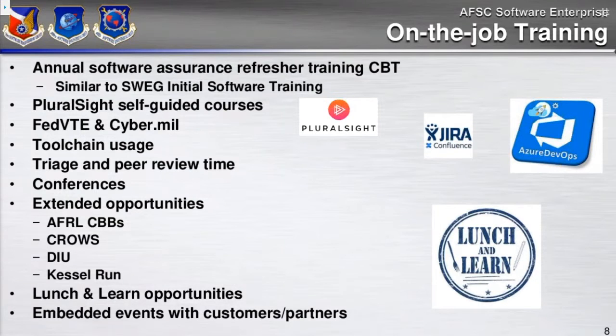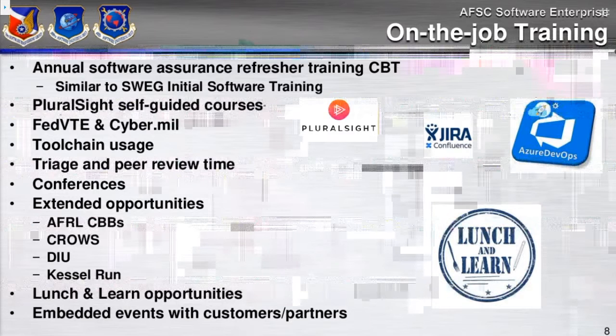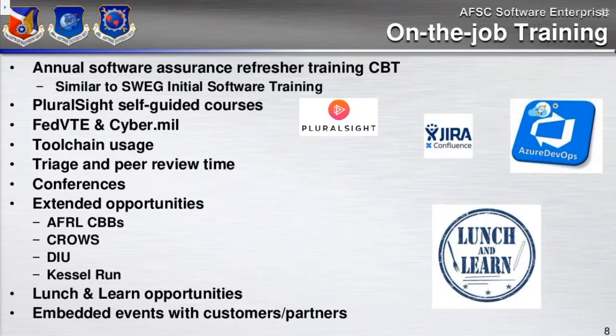They were embedded there for 6 months, worked on a Scrum team, worked inside the development and program management team, and got an in-depth understanding of how somebody else was doing DevSecOps. Then we brought that knowledge back to us, which helped make our products, policies, and procedures better. That's how we get some folks on-the-job training. We invest in our folks to go do some of those great things.